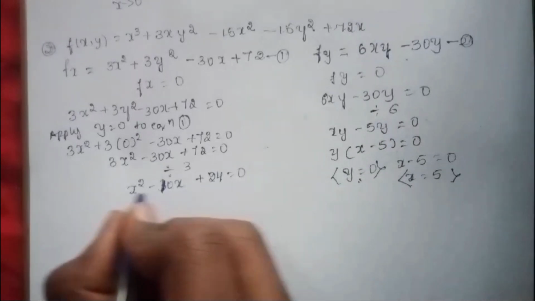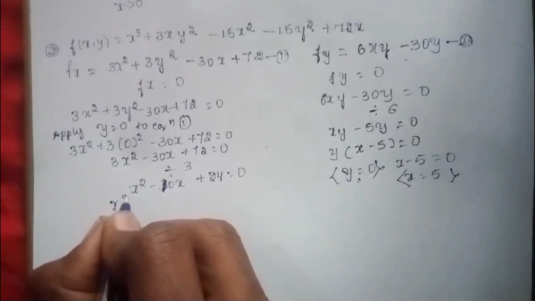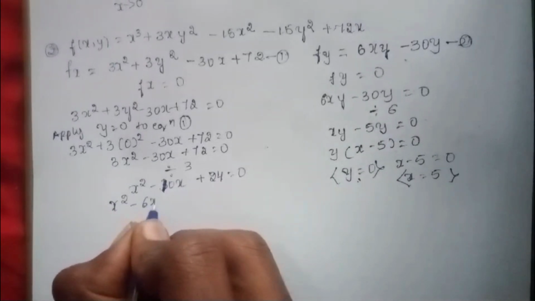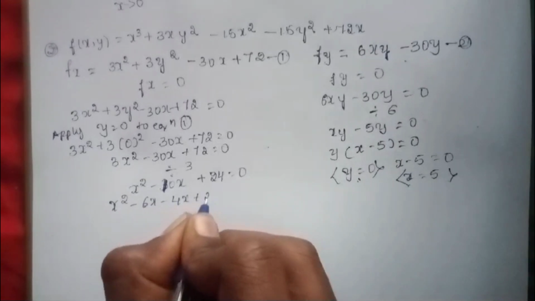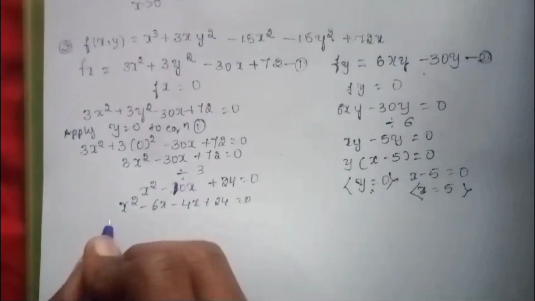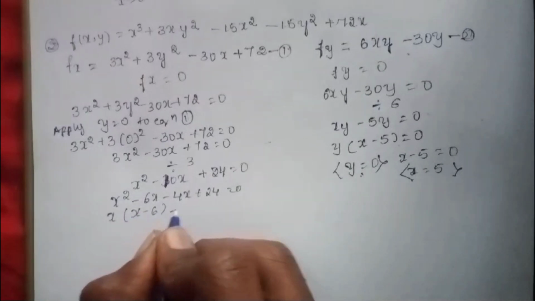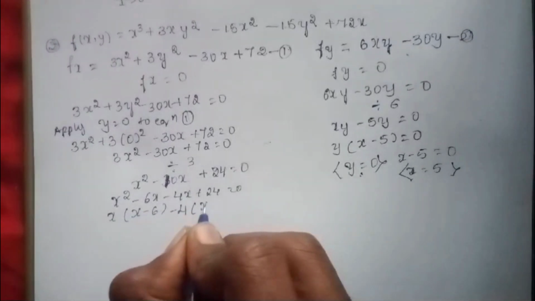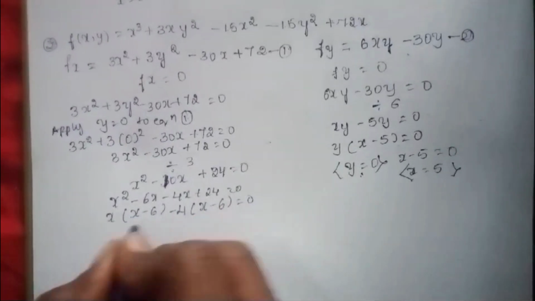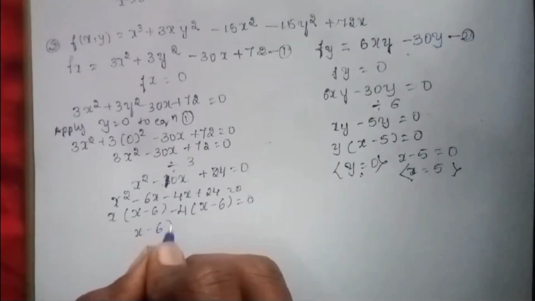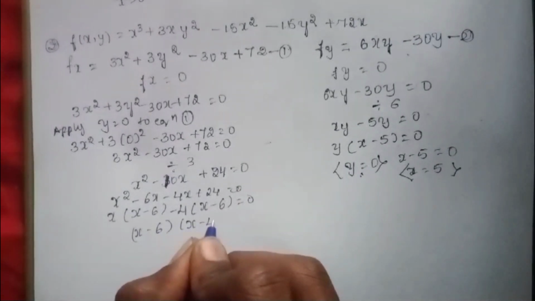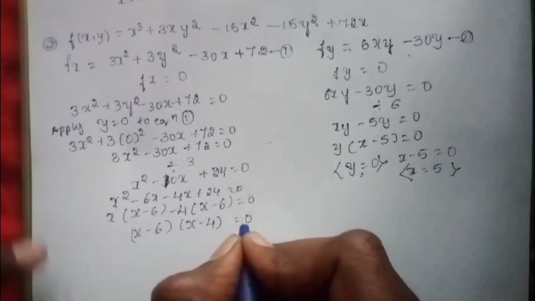When I factorize this, I get x square minus 6x minus 4x plus 24 equals 0. Take x common, and x minus 4 common, then we get x minus 6 equals 0. We get x minus 6 and x minus 4 equals 0.